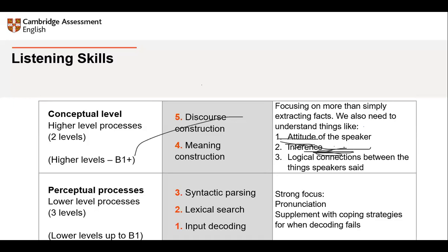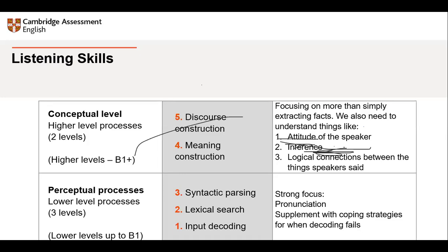And then you have lexical search, which is making sense of words together. If the words together, they will mean one thing, like an idiom or a phrasal verb or a prefabricated chunk, or whether the words, they are together, but each word will mean something different. We have syntactic parsing, which means trying to make sense of the structure of the language while you're hearing.